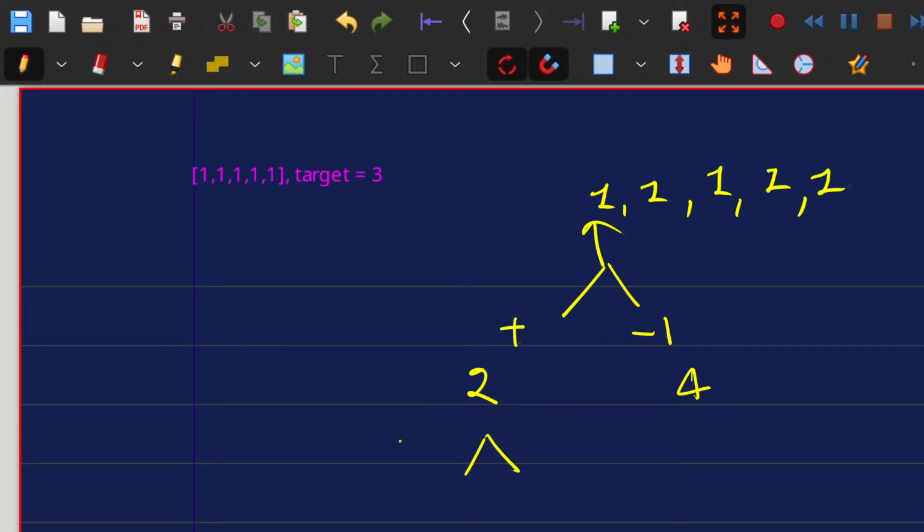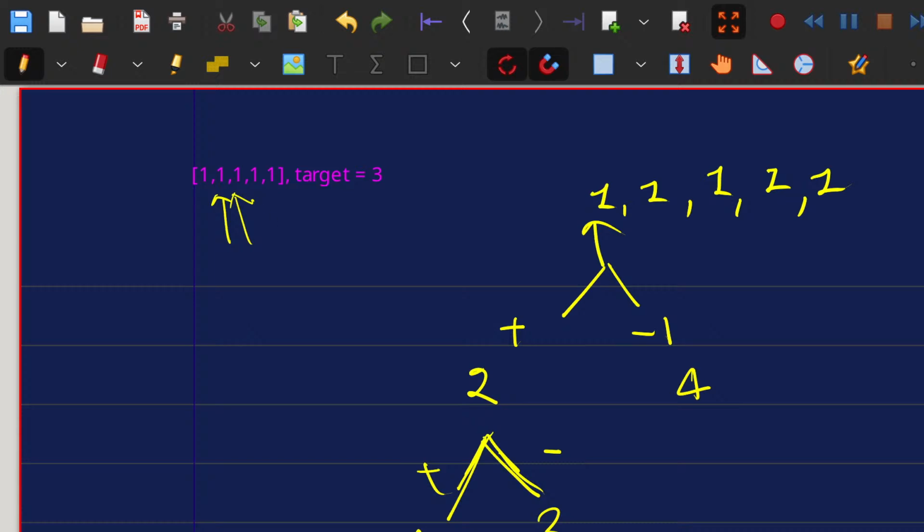Then again we add, then this becomes 3, right? Add, subtract, plus, minus. Next we are here, then we are here, like this.